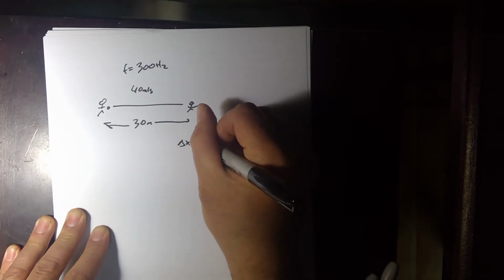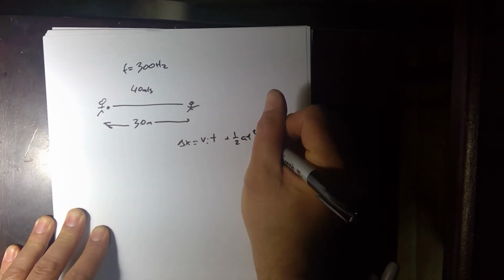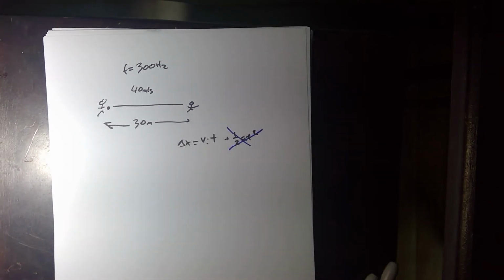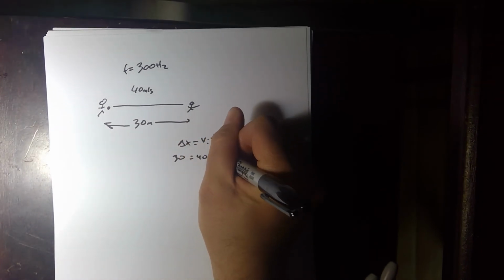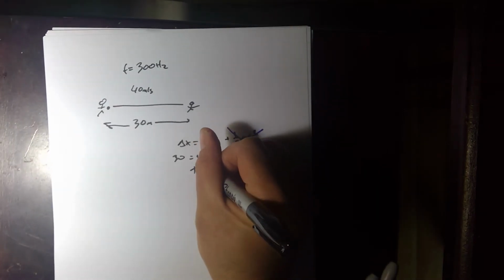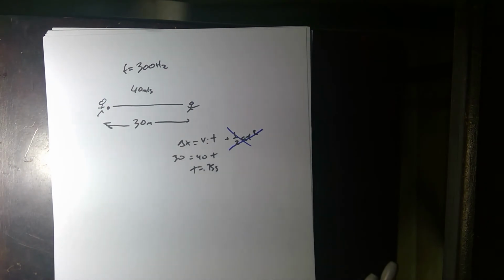Delta x equals v t. There's no acceleration here, so simply velocity times time equals displacement. So 30 equals 40 times t. 30 divided by 40 is 0.75. That's how many seconds it takes for the ball to get from here to here.